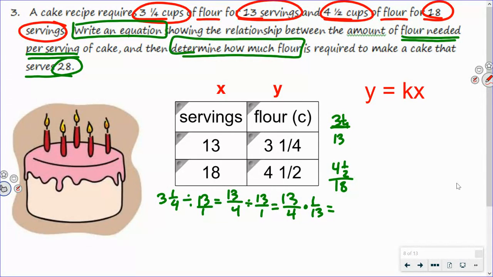You know, Mr. Cowan, I like to cross reduce, make my life a little easier. All right, so there's one ratio. Let's find out if it is in fact a proportional relationship.